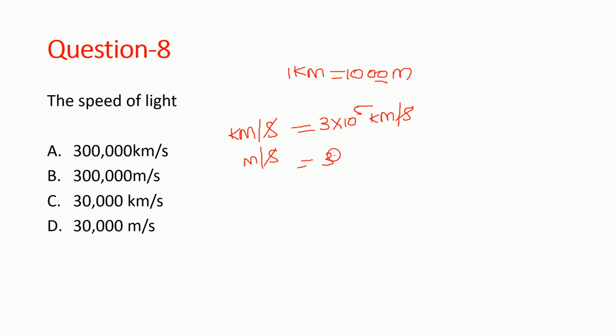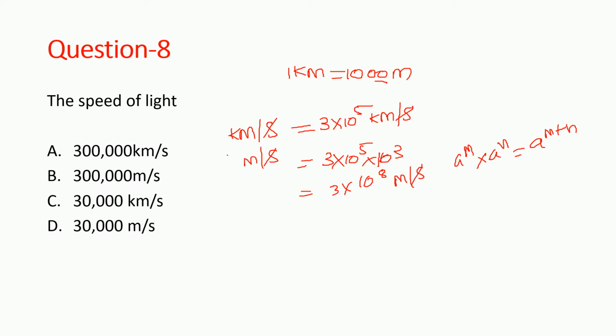So 3 into 10 to the power of 5 into 10 to the power of 3. It is in the form a to the power m into a to the power n equals a to the power m plus n. So we write 3 into 10 to the power of 8 meters per second.